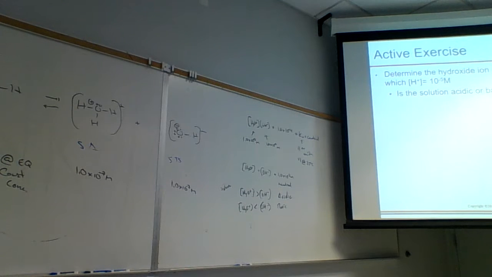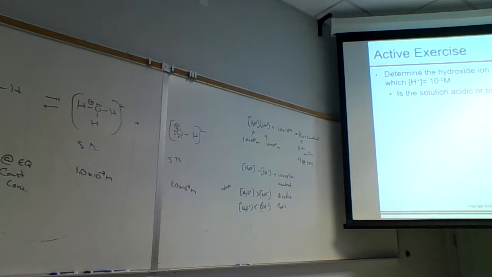kW is 1.0 times 10 to the minus 14. The hydronium ion concentration is given as 10 to the minus 5. And so I'm just going to do a 1 times 10 to the minus 5. We need that 1 for the calculator. In the calculator, when you enter the scientific notation, you have to enter 1 times 10 to the minus 5, not just 10 to the minus 5.